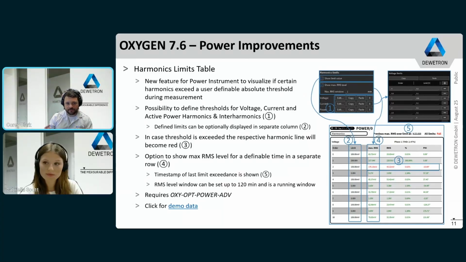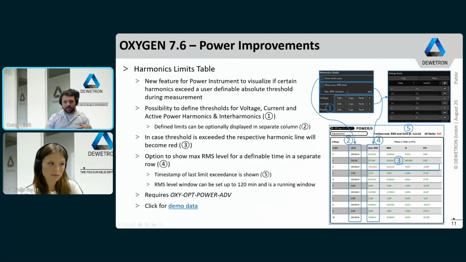There's a couple of slides here to go over. The first slide goes over the improvements to our visualization for the power groups. If you do power analysis, you can grab the power group, drop it to the measurement screen, and you have several buttons in the upper left-hand corner of this display visualization.